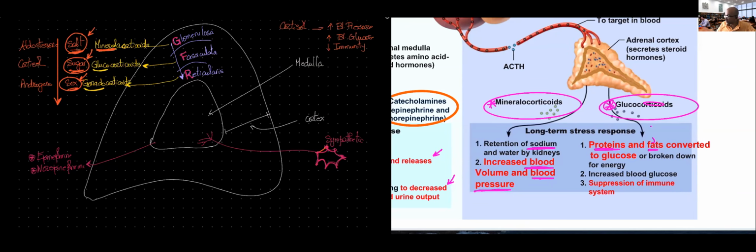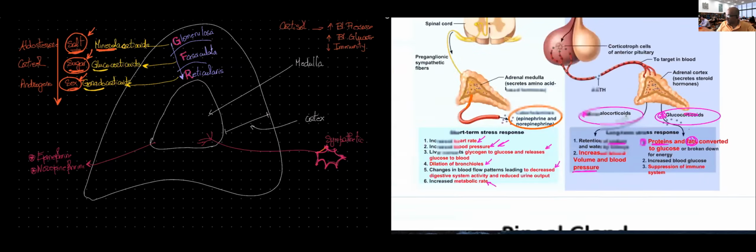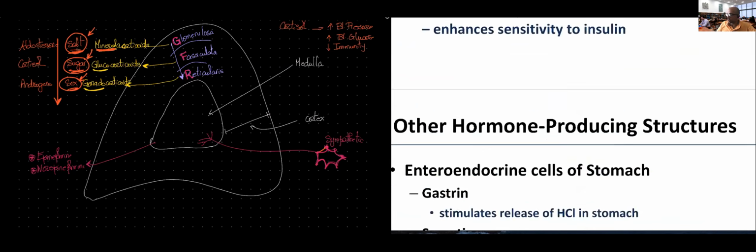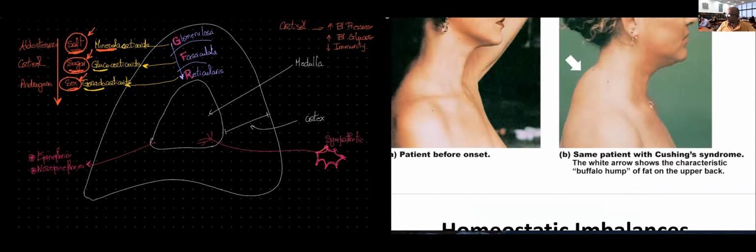And that's why you will see people who are treated for long years with cortisol, they will have weaker bones, defects in the collagen of the skin.